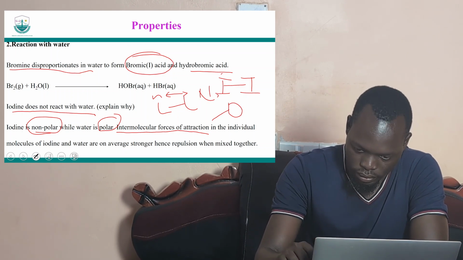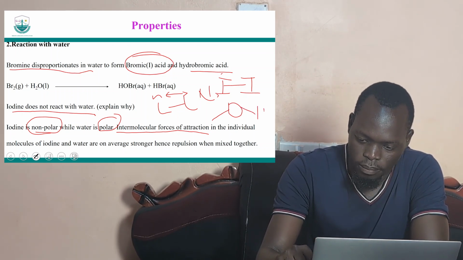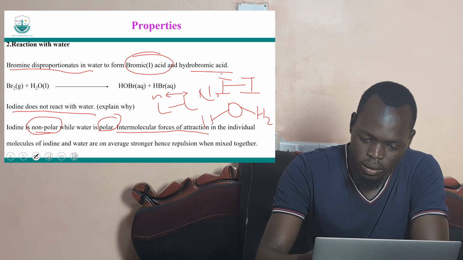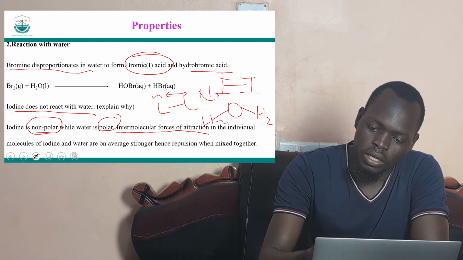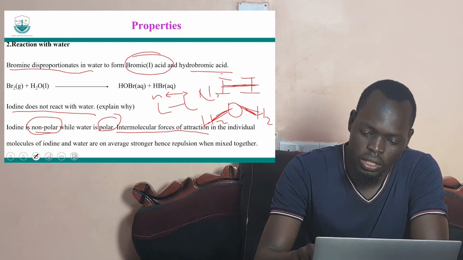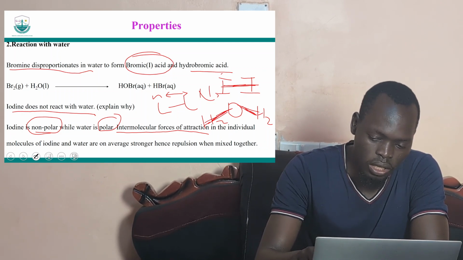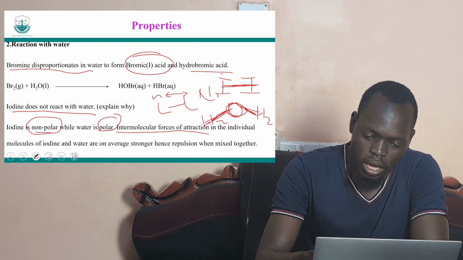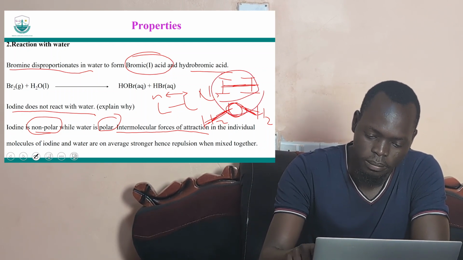The intermolecular forces between iodine and iodine, and between the hydrogen and oxygen in water, are on average stronger individually than the interaction when they actually mix together.